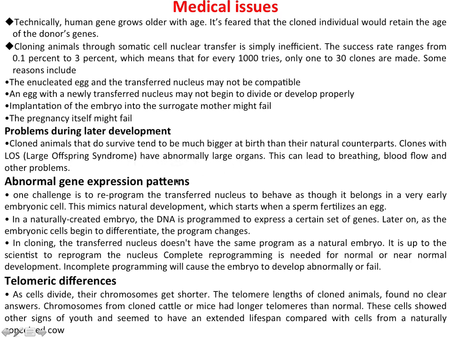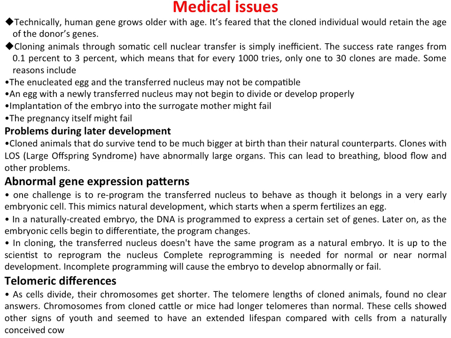Third, there is the possibility of abnormal gene expression patterns. Because you are fusing two cells from different individuals, it is quite possible that different genes may change their expression pattern. And finally, a telomeric difference is also possible.